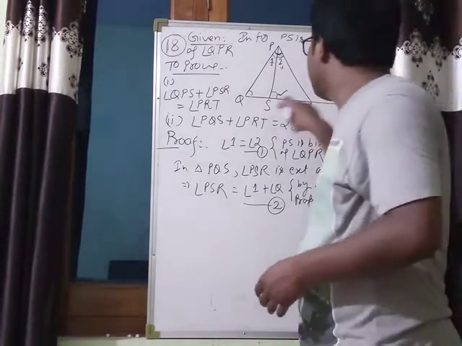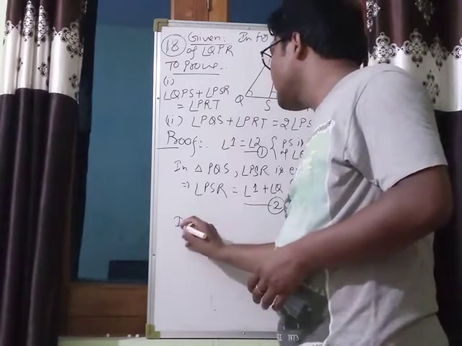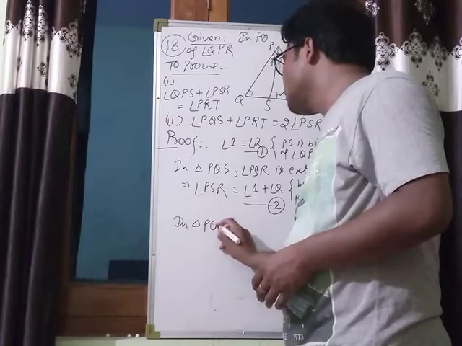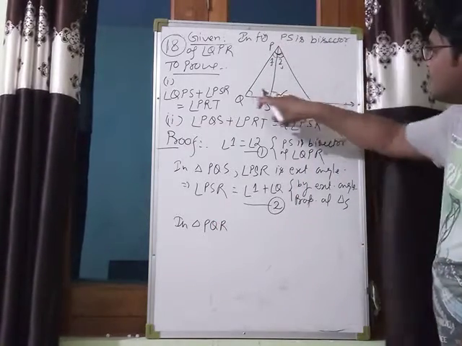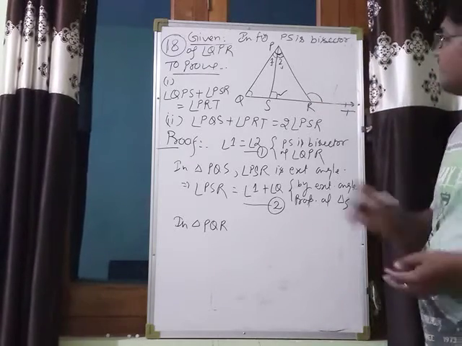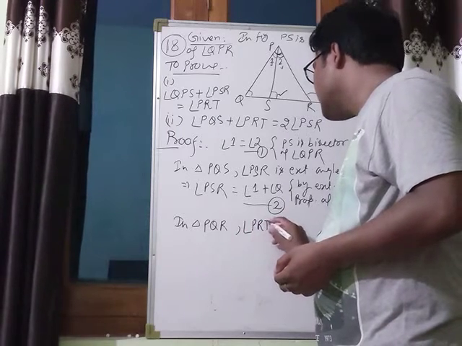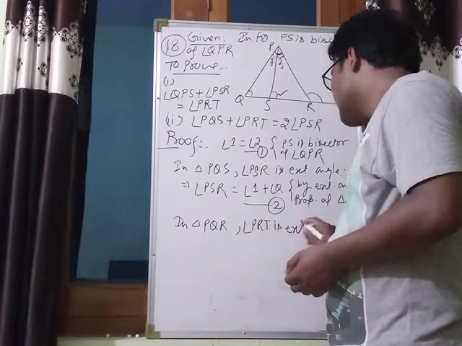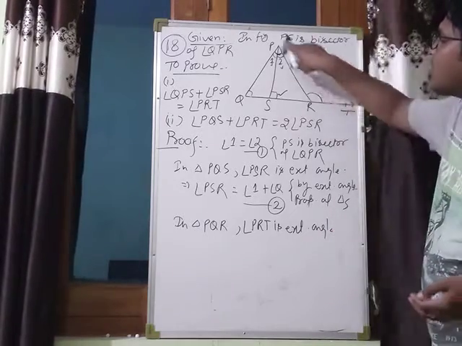Now in triangle PQR, everyone look at the blackboard. In triangle PQR, when the side QR is produced, then this angle PRT is formed. This angle PRT is an exterior angle. So this angle is exterior for this triangle PQR.